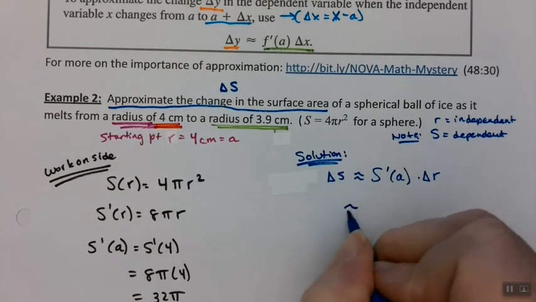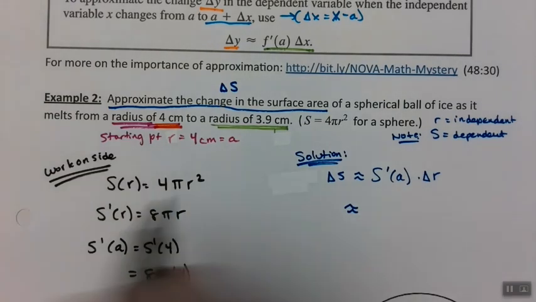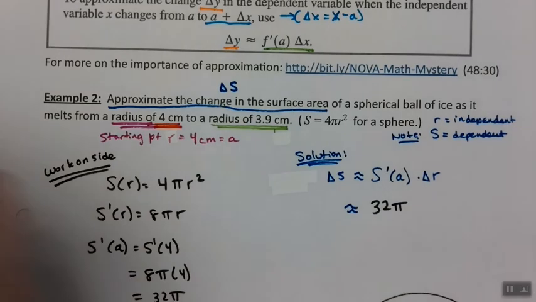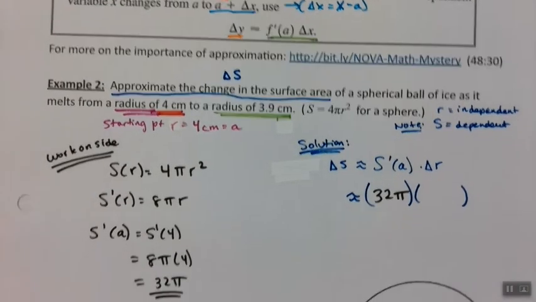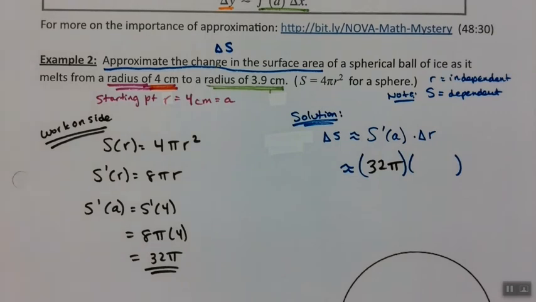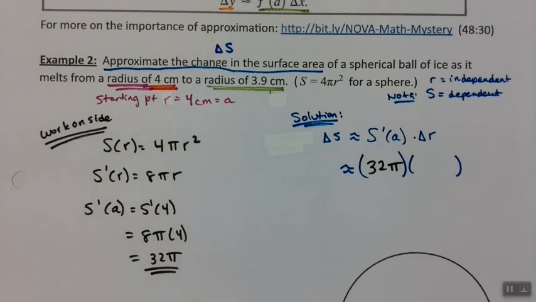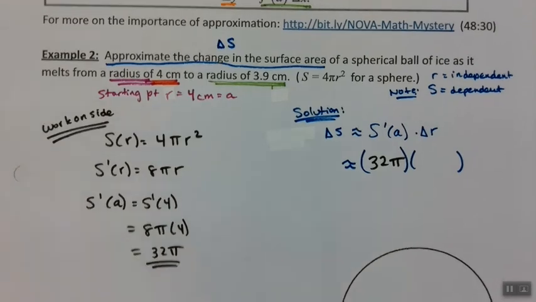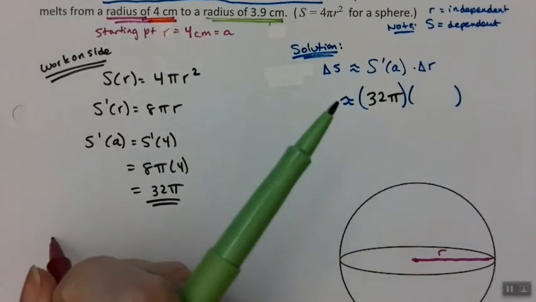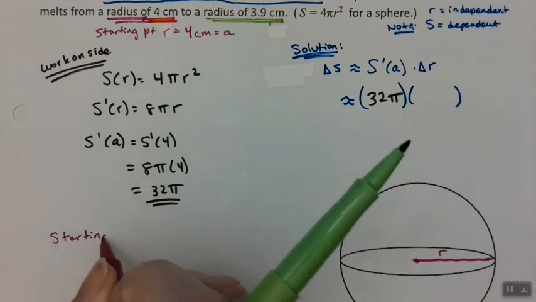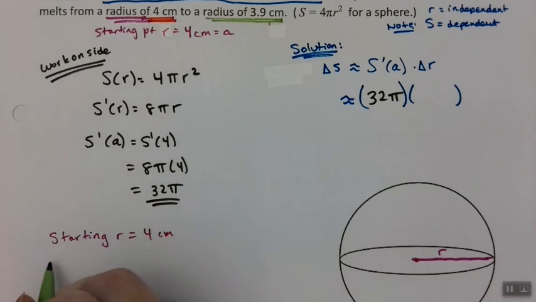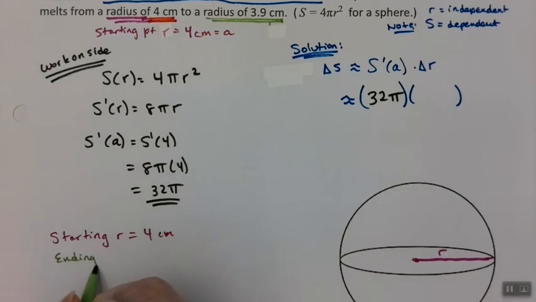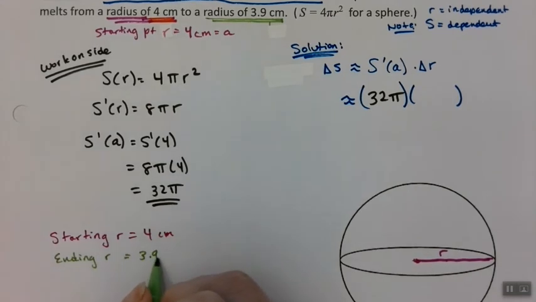Okay, so I now know I want 32 pi for that beginning part. All I have to do is figure out delta r, and I'll be set. So let's go over here and figure out delta r. So delta r is going to be the change in r, the change in the radius. Well, let's think here. I went from a starting r, which was 4 centimeters. I have an ending r, which is 3.9 centimeters.